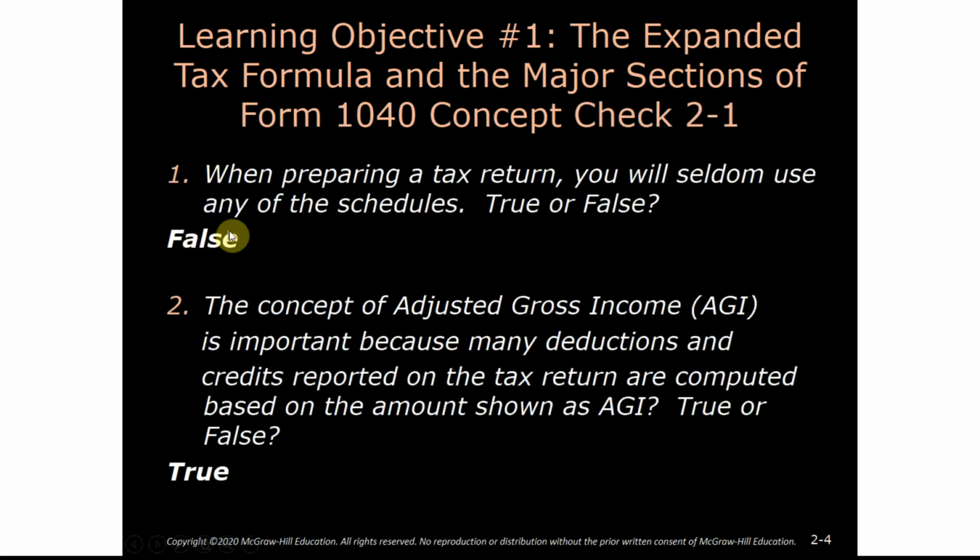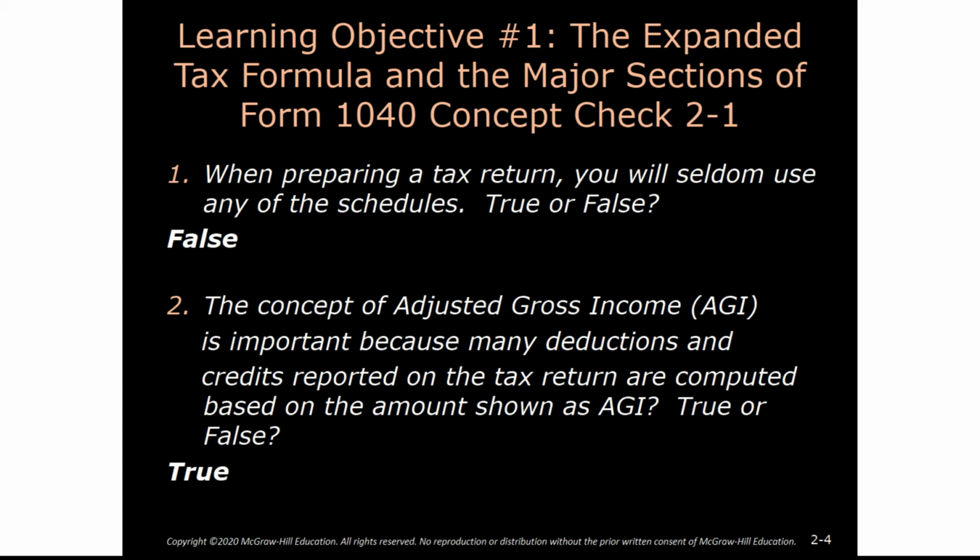So just to review, when preparing a tax return, you will seldom use any of the schedules. That is false. It depends upon the complexity of your tax return, but the more complex, the more likely it will be that you'll use more schedules. The concept of AGI is important because many deductions and credits reported on the tax return are computed based on the amount shown as AGI. Absolutely.